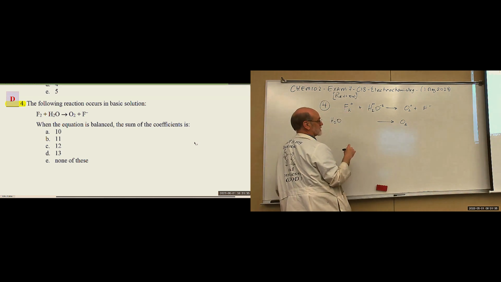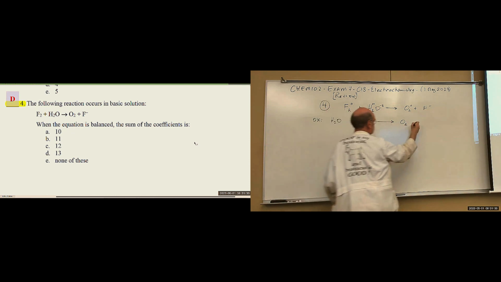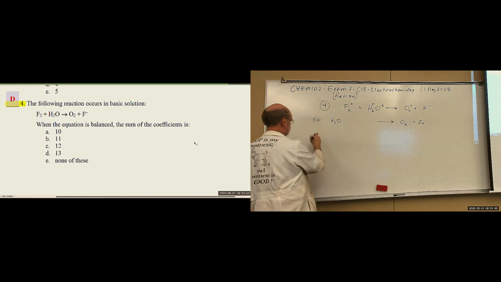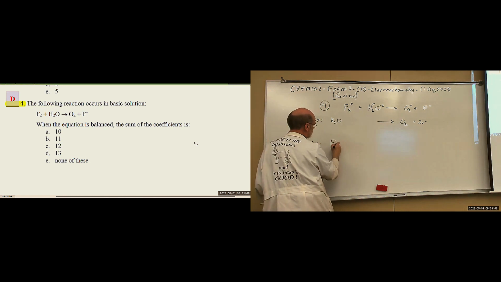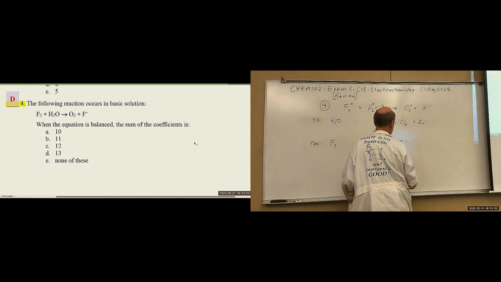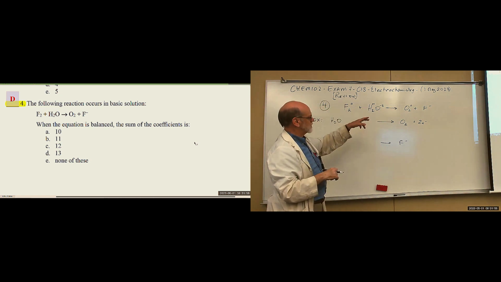And let's see, just so I don't forget what I just said, we lost 2 electrons. Okay. Reduction step. That means F2 went to F minus, and it lost how many? From 0 to -1.